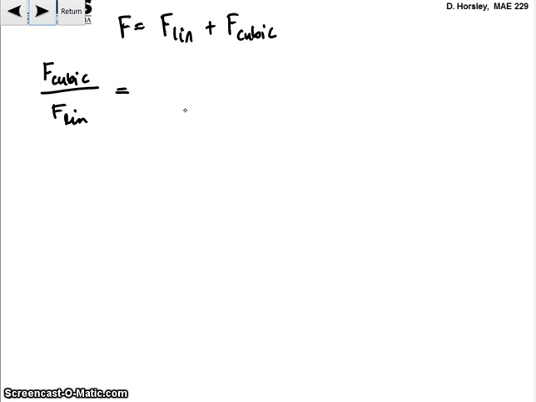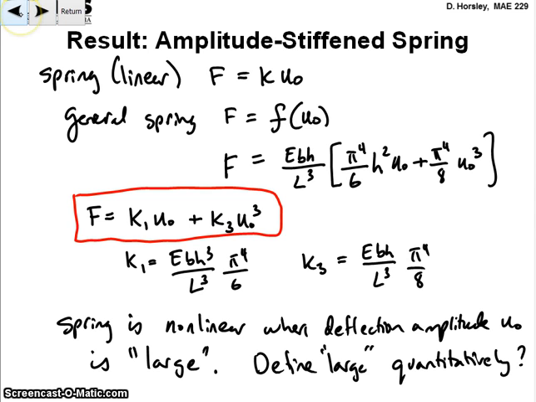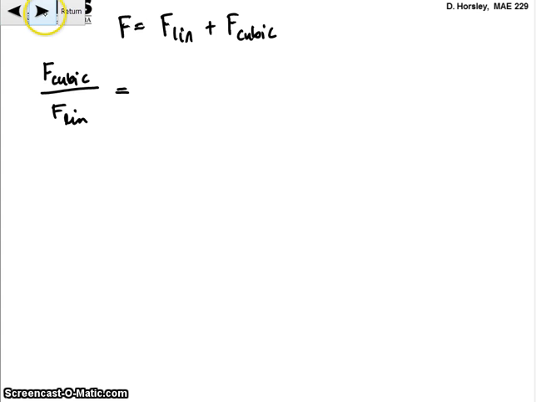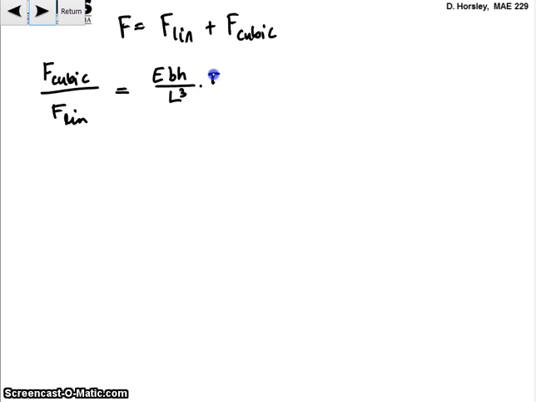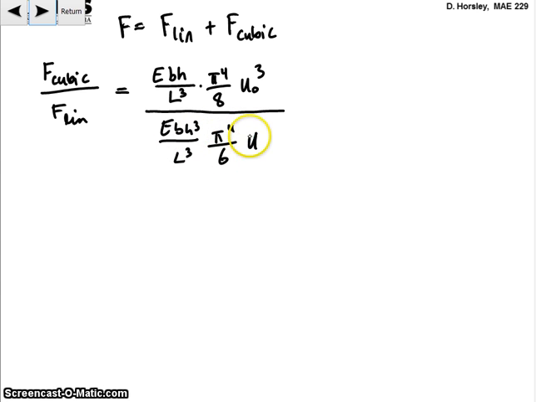I actually have to look on the previous page here. The cubic term is E b h over L cubed times pi to the fourth over 8 times u naught cubed, and the linear term is E b h cubed over L cubed times pi to the fourth over 6 times u naught.